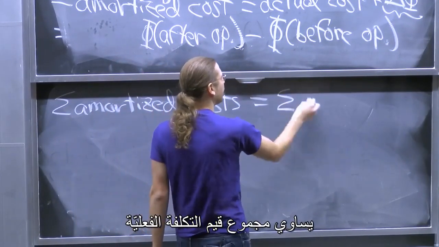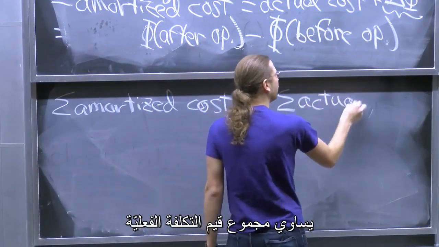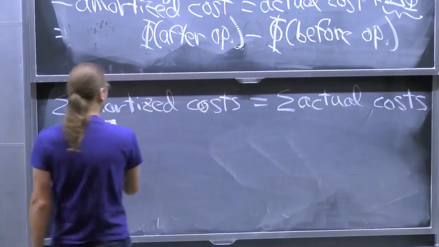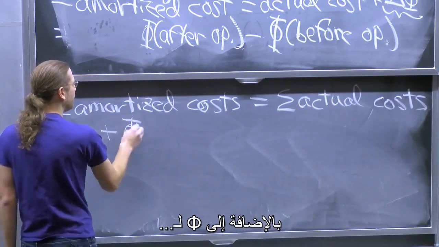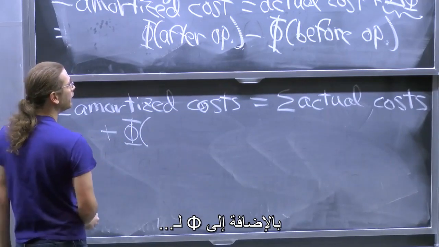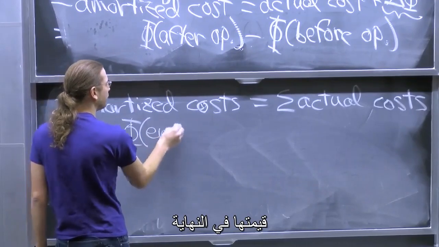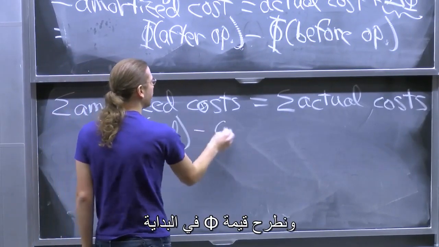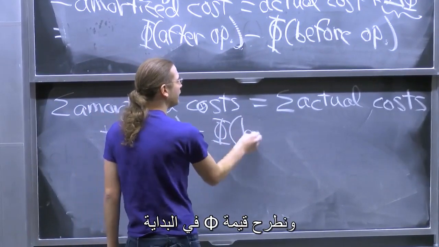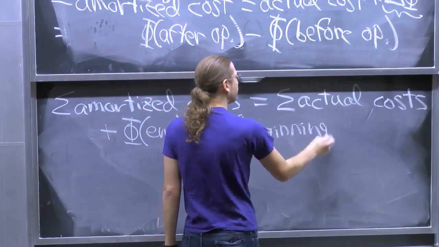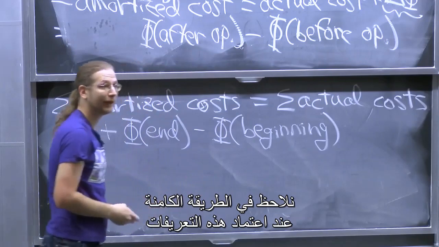is equal to the sum of the actual costs plus fee at the end minus fee at the beginning. So, slight catch with the potential method.